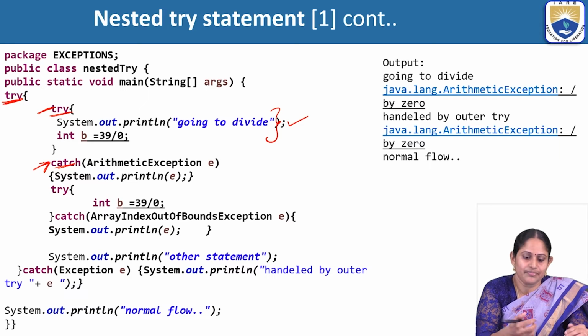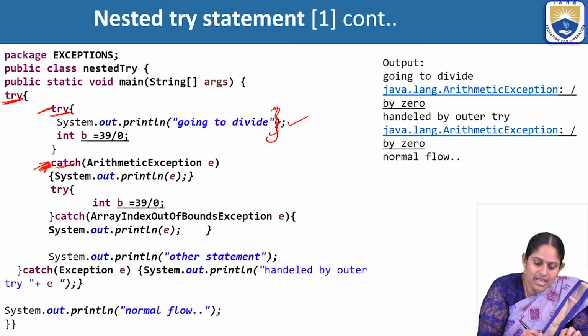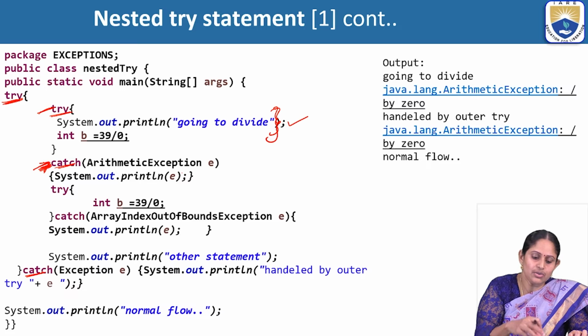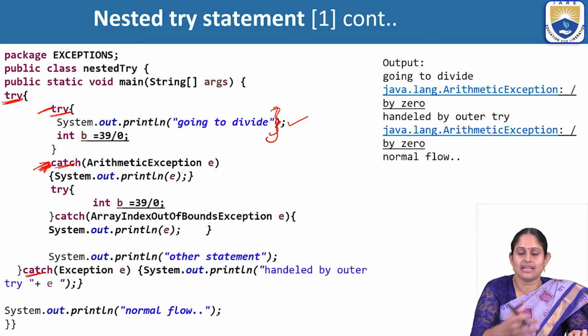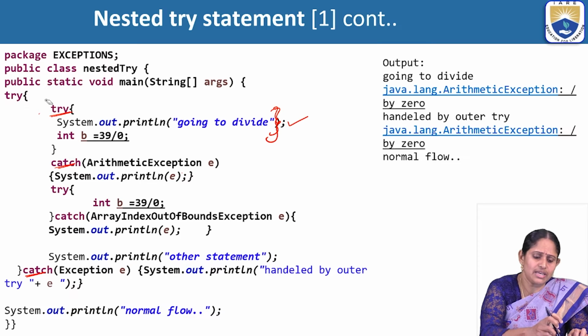Now, in case these statements are throwing an exception which is not handled over here, then it can be handled by the external catch block also. Okay, so let's look into an example in detail.